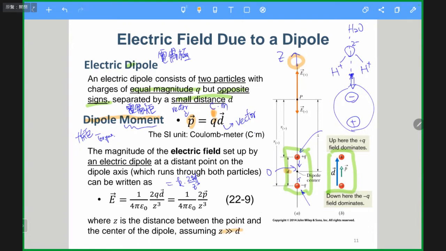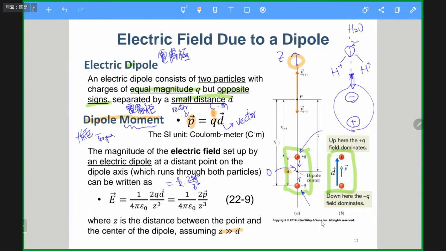D is the distance between the two charges, and Z is the distance from the point P you are concerned with to the center, which means this point is far away from the dipole. Usually, this dipole is a very tiny structure, like a water molecule, something like that. So you are concerned with the E field generated far away from it.